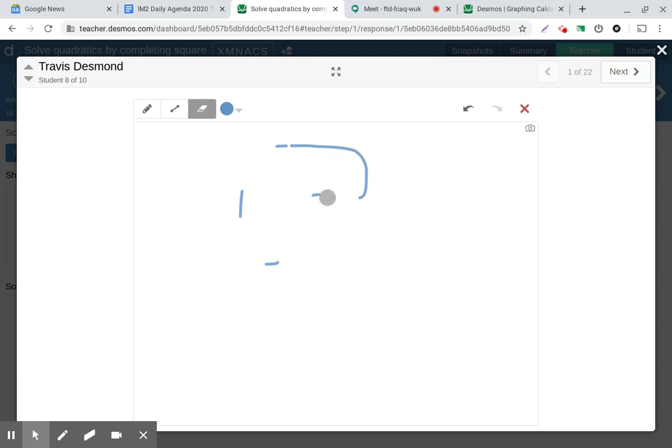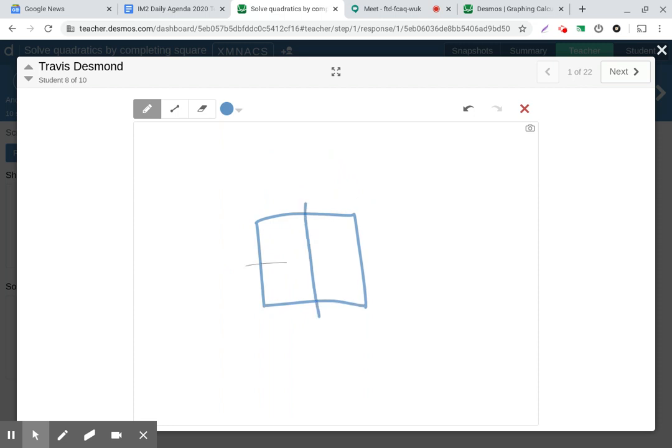So this time, I want you to complete this square. And then look at my screen because you're going to have to see what I'm doing. Go ahead and complete this square.